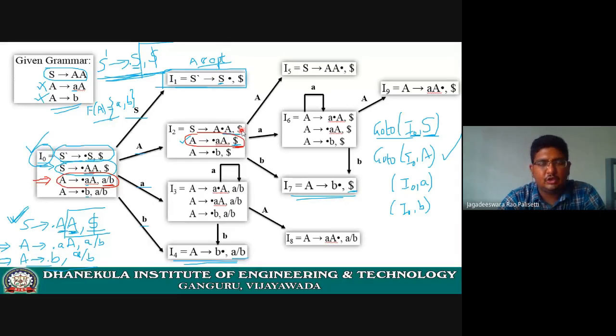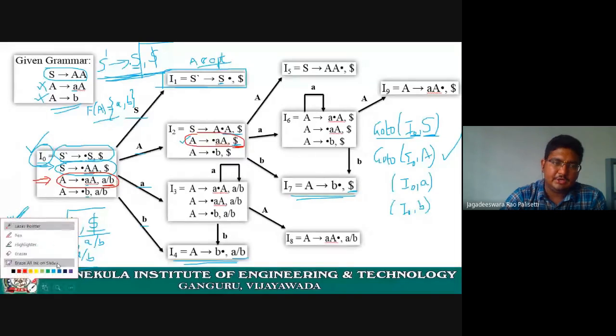Only dollar. If you perform the first function for only dollar, obviously it is dollar. So dollar is the only look ahead for this particular production. That's why the look aheads are changed. Even though the production rule is the same, the look aheads here are A or B, and there it is dollar. Hope you are following me.